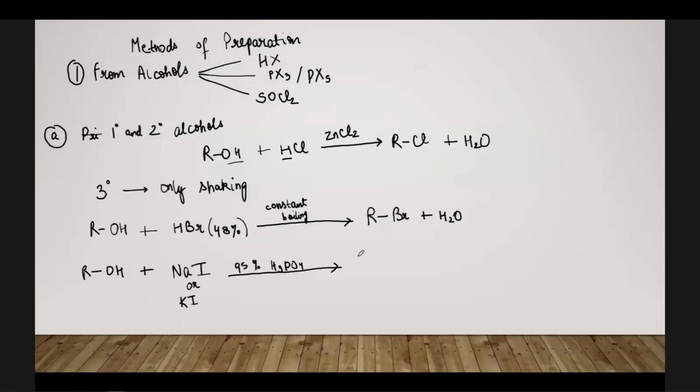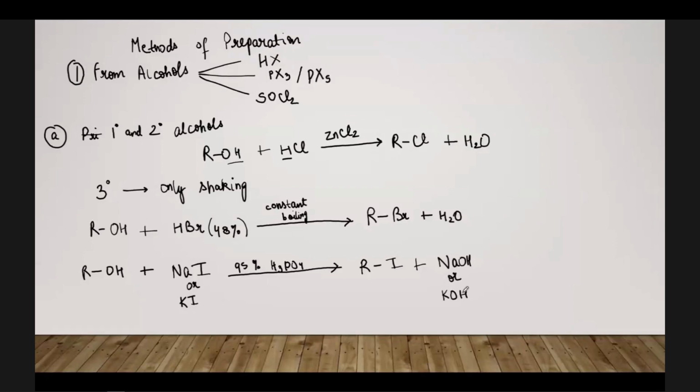So generally, whenever there is a reaction involving the iodide ion, we use powerful oxidizing agents in the reaction, so that the reaction is not reversible and the products are properly formed. So H3PO4 acts as an oxidizing agent here, and we will get RI plus. Here we will get NaOH, or if we are using KI, we will get KOH. Sodium hydroxide and potassium hydroxide. Okay.